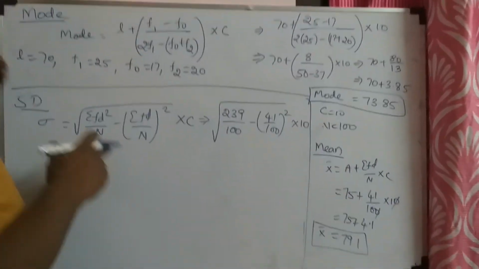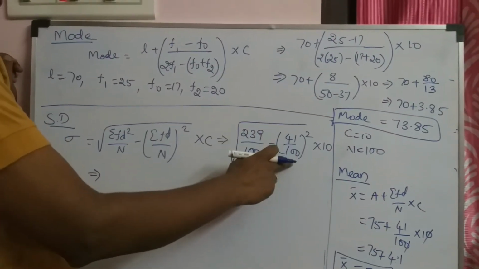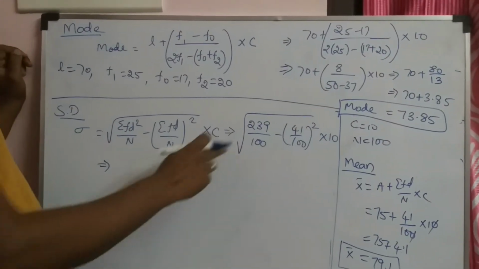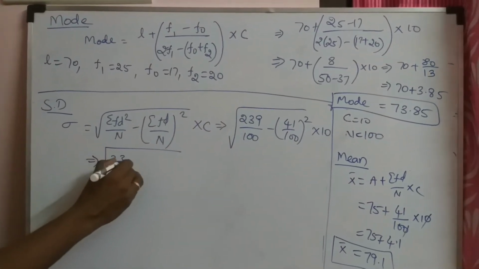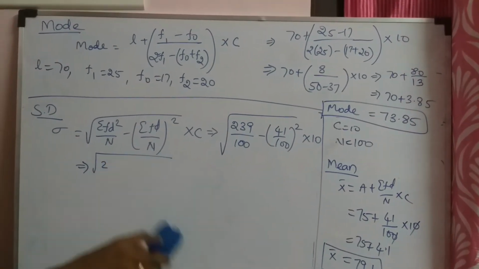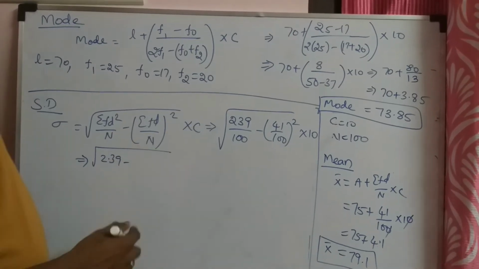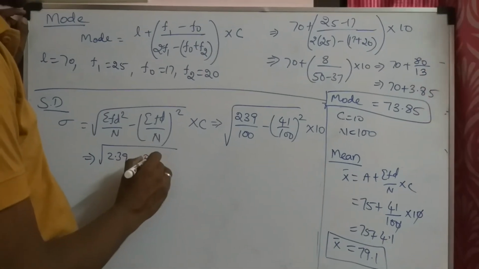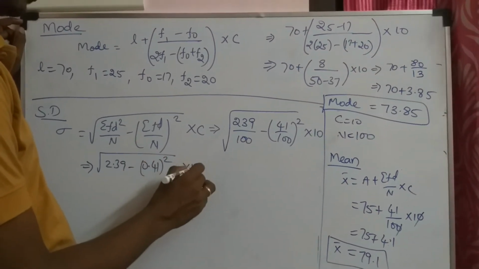Next, substitute the values: summation fd square is 239 divided by 100 minus summation fd, 41 divided by 100, the whole square, into 10. 239 divided by 100 is 2.39. So 2.39 minus 0.41 to the whole square, into 10.